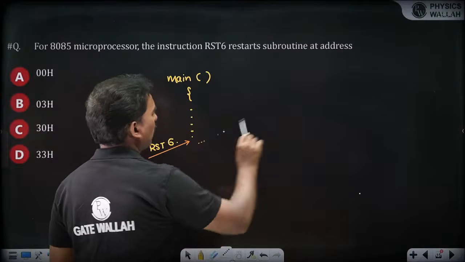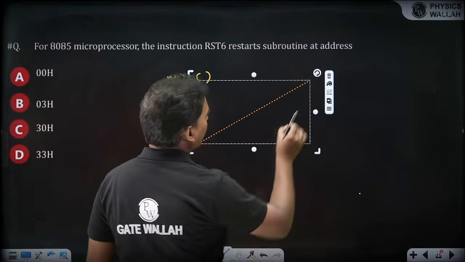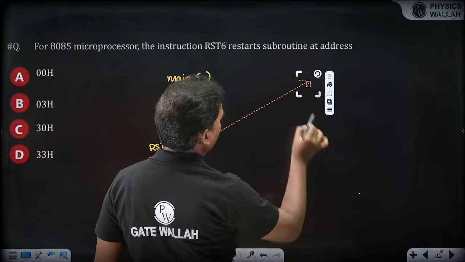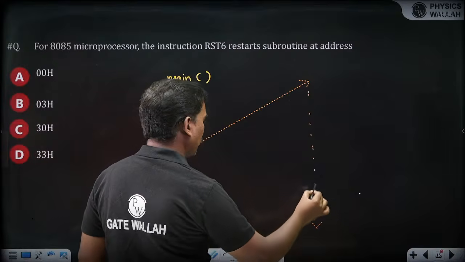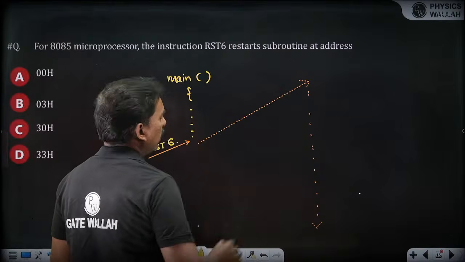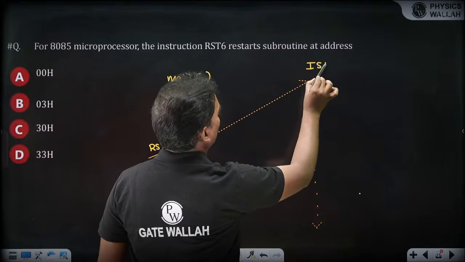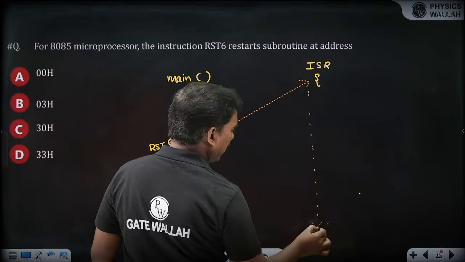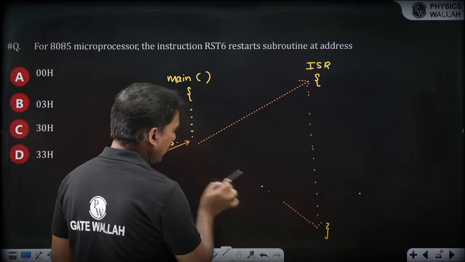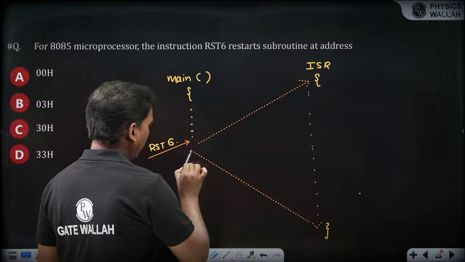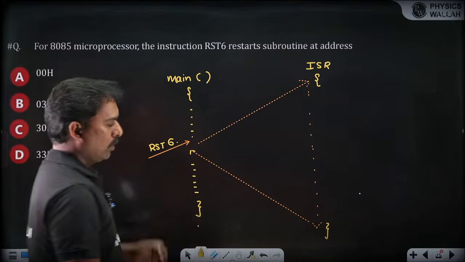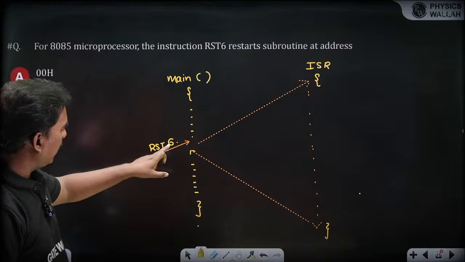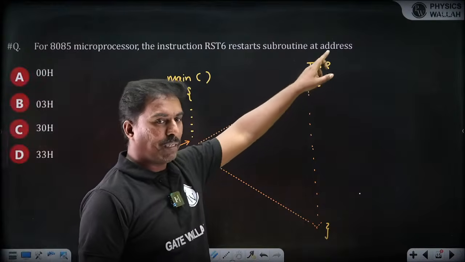It jumps to a certain ISR. So this is the ISR to be executed. This is what we call an interrupt subroutine. And once that interrupt subroutine is executed, again it comes back here. So depending upon the type of the interrupt, it has to jump to a particular ISR.